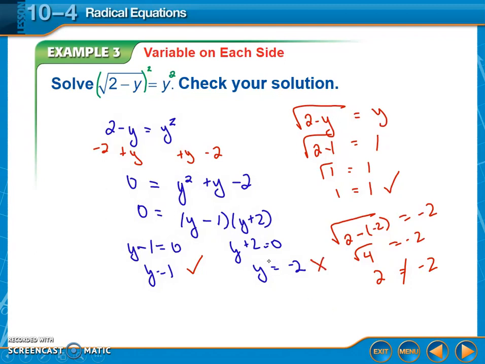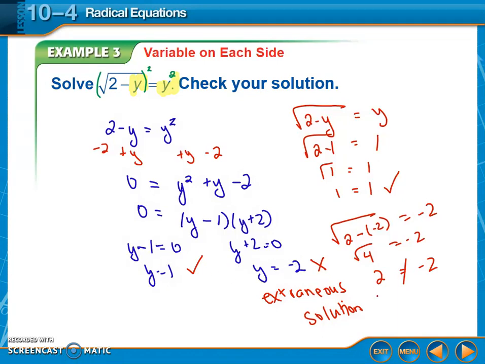The ones that don't work, we call an extraneous solution. It's possible to get extraneous solutions when you have a variable, one inside and one outside. So anytime you have a variable on both sides of the equation, you have to check your answers at the end because one of them might not be true.